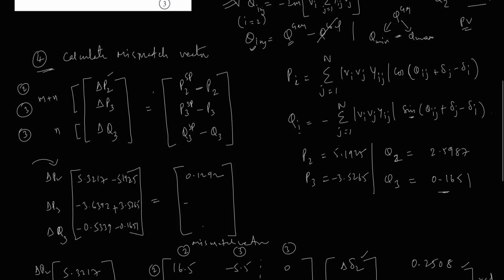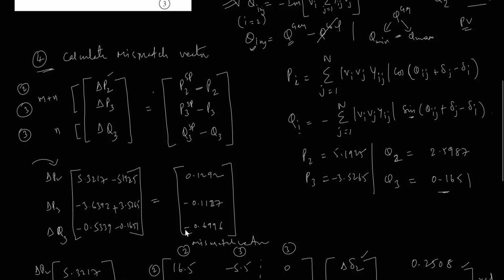It is also a very small value, minus 0.1127. Yeah, you have to be very accurate. And what about this value? Minus 0.6996. Okay, fine.